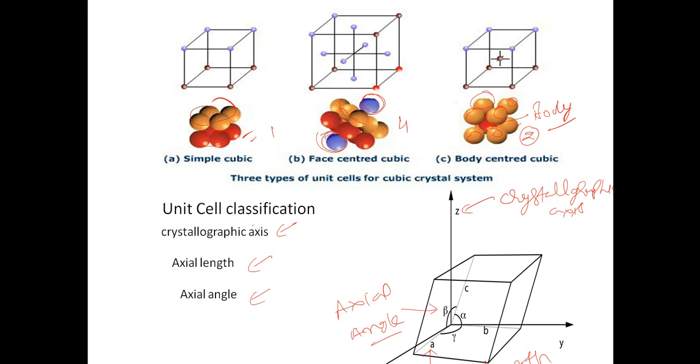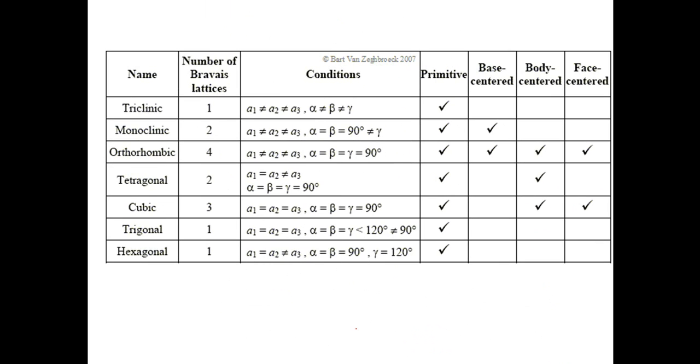On the basis of these three parameters, we can find 7 types of primitive unit cell. These are known as Bravais lattices. These 7 types of lattice are triclinic, monoclinic, orthorhombic, trigonal, tetragonal, cubic, and hexagonal.